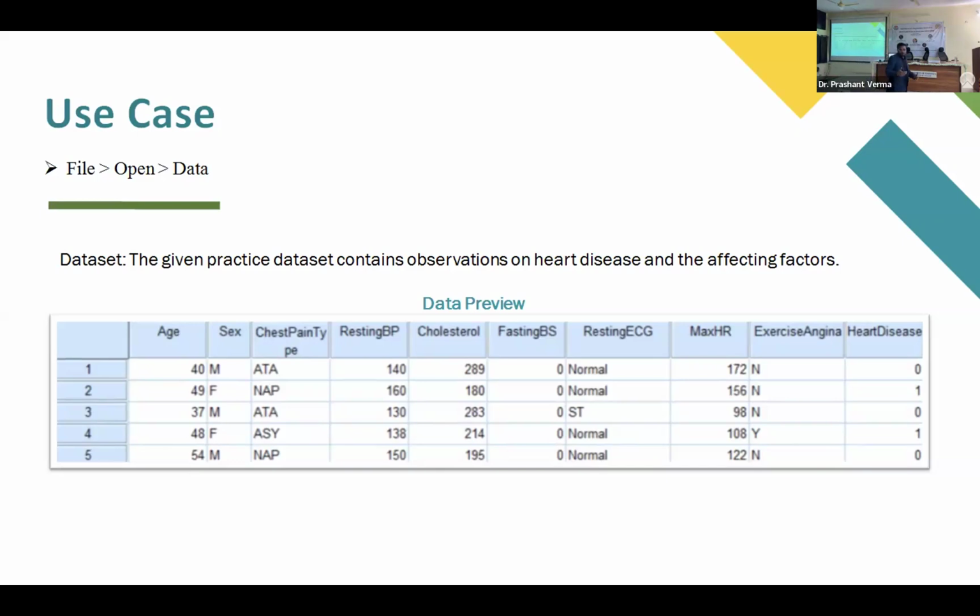If you are having some kind of chest pain or pain in the left hand, most of the time doctors prescribe the TMT test, the treadmill test. If you have some serious issues or discomfort when exercising or putting pressure on your heart, it may indicate some heart problem.